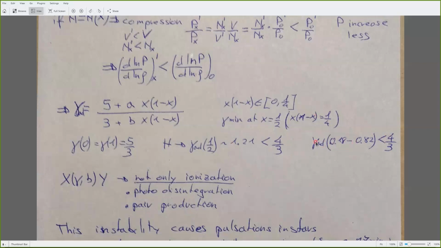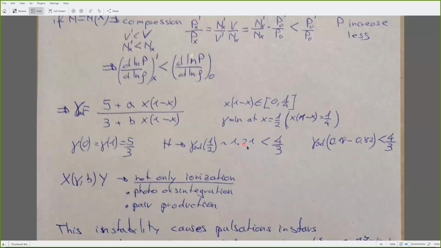And this causes several types of instability. Usually, this is the main instability that is caused for the pulsation. Pulsating stars, the main process is the double ionization of helium, actually, not hydrogen.